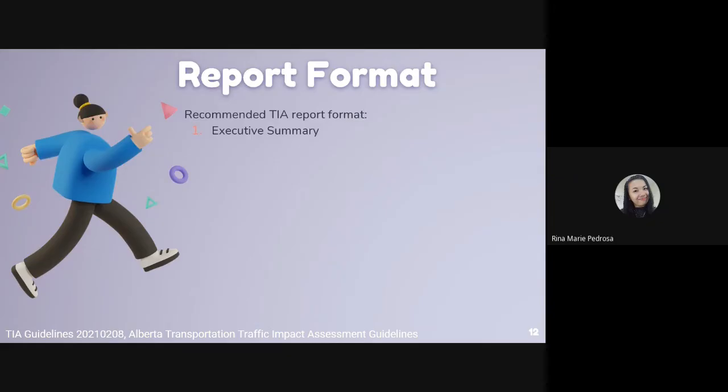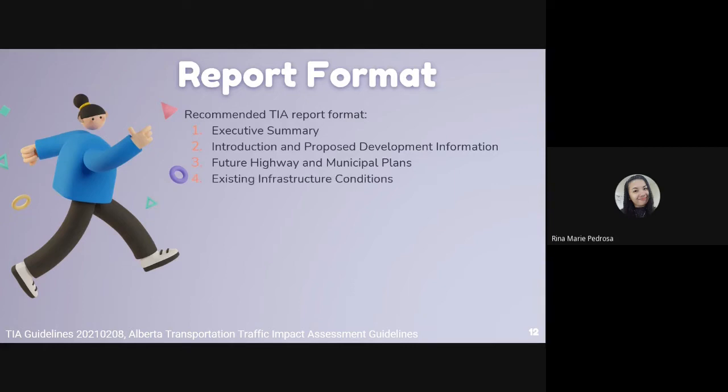So, first, we have the recommended TIA report format. We should have the executive summary. Number two, introduction and proposed development information. Three, future highway and municipal plans. Four, existing infrastructure conditions. Five, background traffic and projection. Six, development traffic.